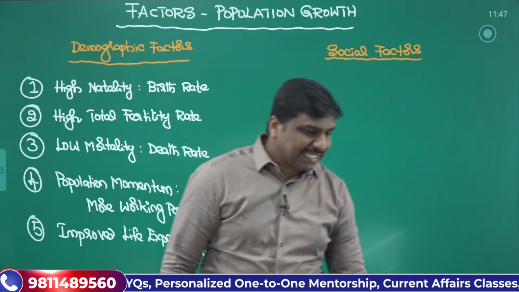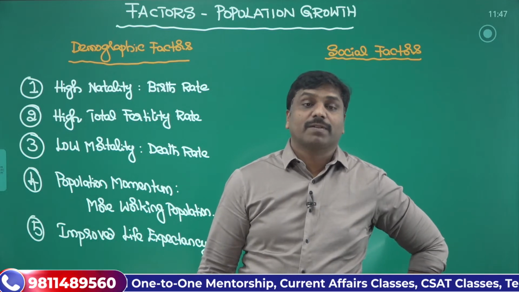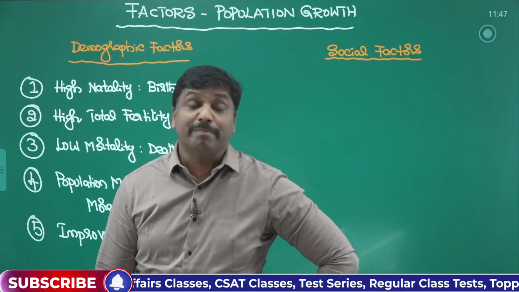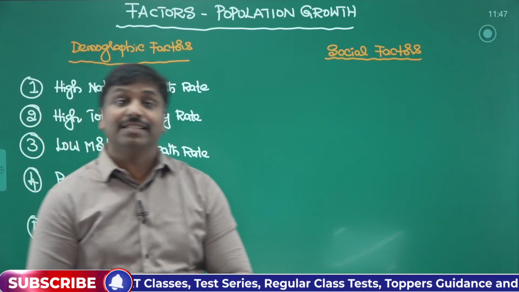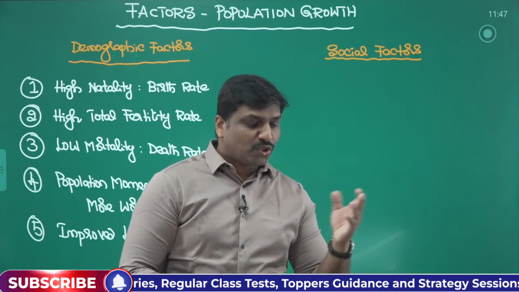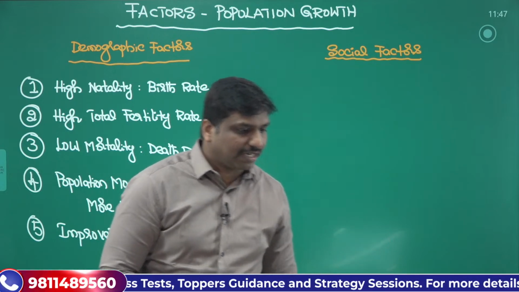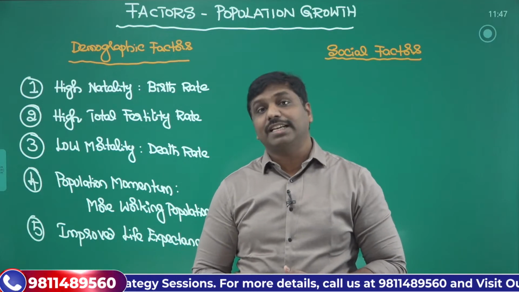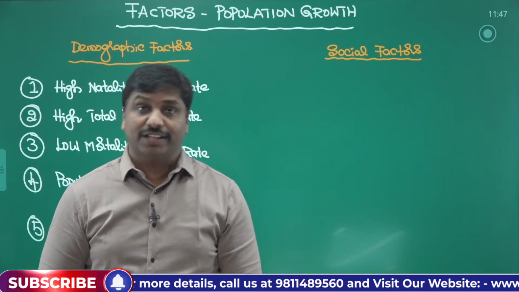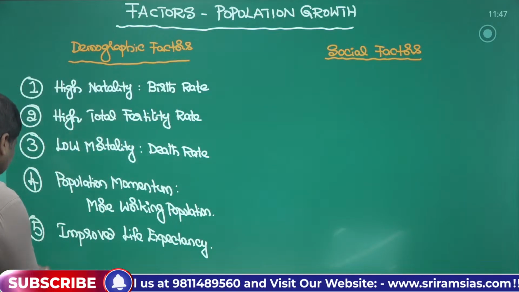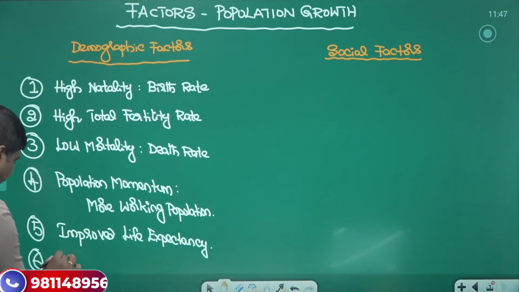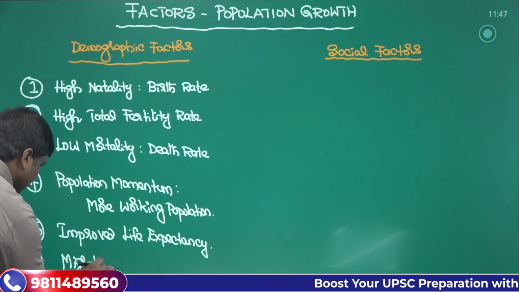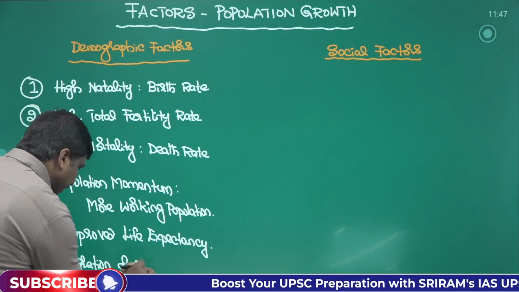So furthermore, another important factor is migration. International migration has had a negligible impact, but still some sort of migration is also responsible. So this is another important thing that you can incorporate.